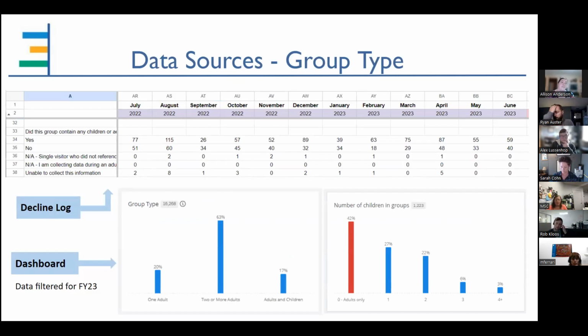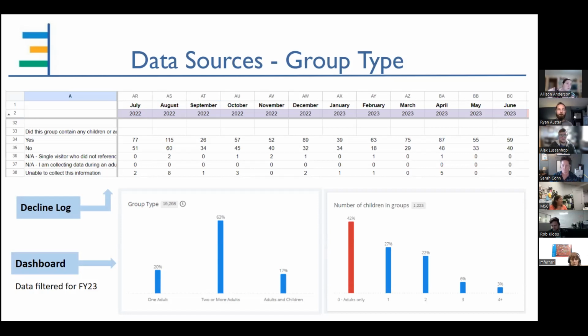that maybe family groups are probably going to be more likely to say no because they're worried about the kids or might have some child concerns. So from this comparison, I pulled data from the decline log for fiscal year 23. So that's July 2022 through June 2023.